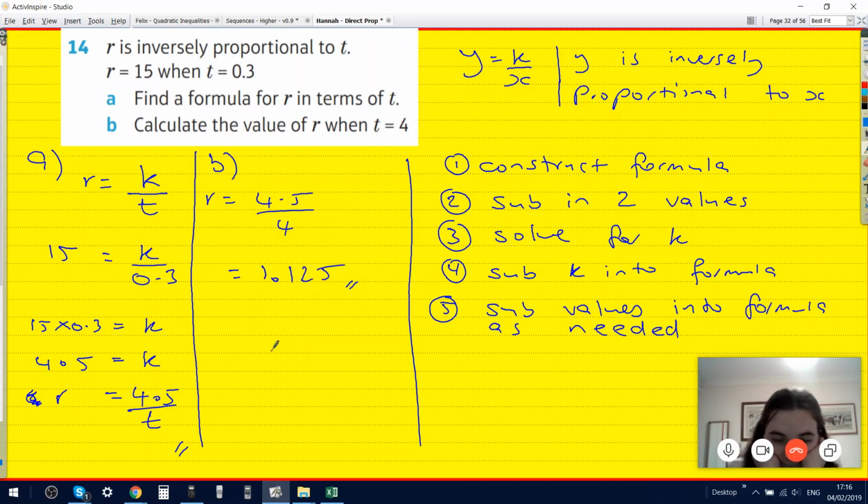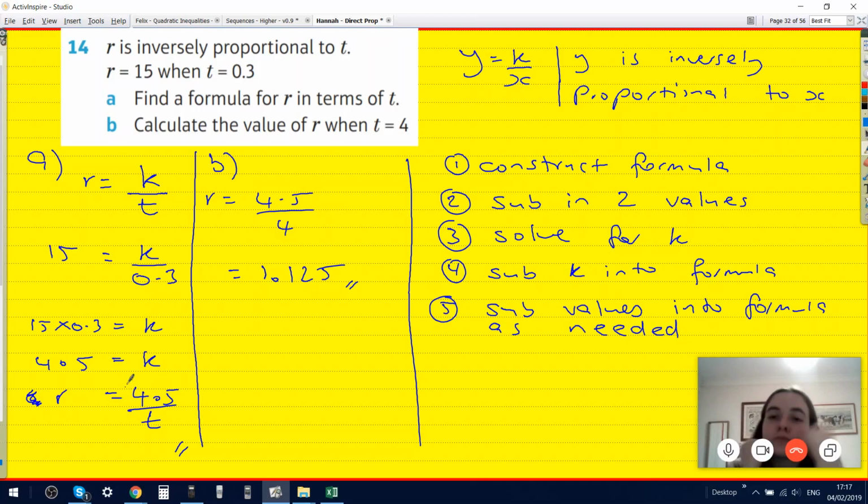Okay, any questions there? Nope. So step 1 constructs the formula. So direct proportion will be y equals kx, inverse proportion y equals k over x. You always sub in two values, and you do that to find out what k is, to solve for k.